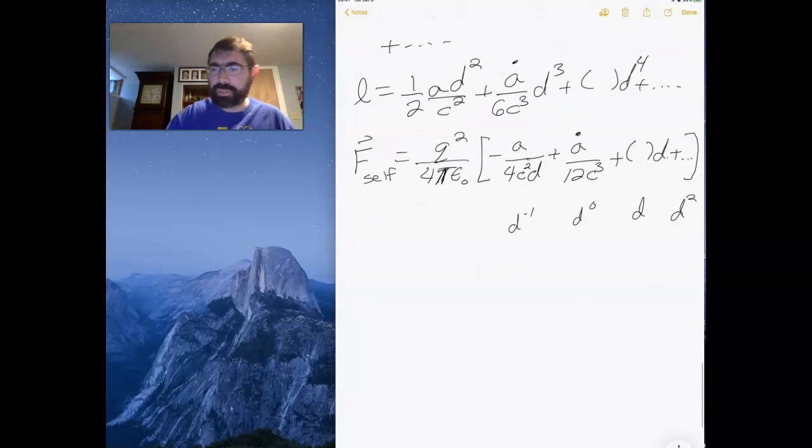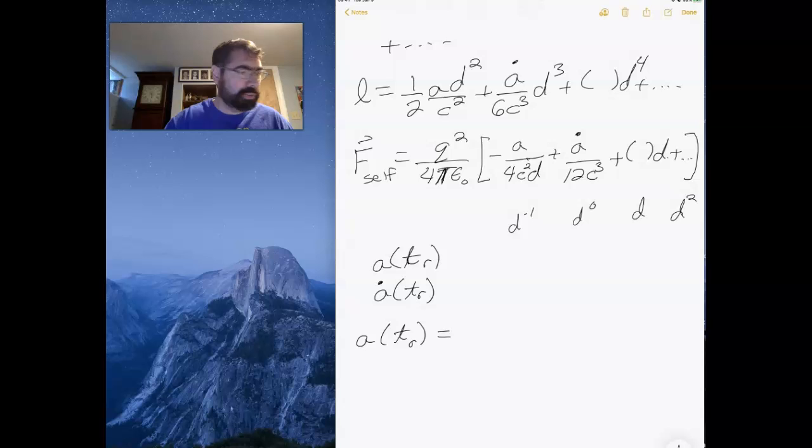So if you remember that the accelerations are written in terms of the initial time, like so, then I could do an expansion of the accelerations, where now I'm expanding it around the time of now.